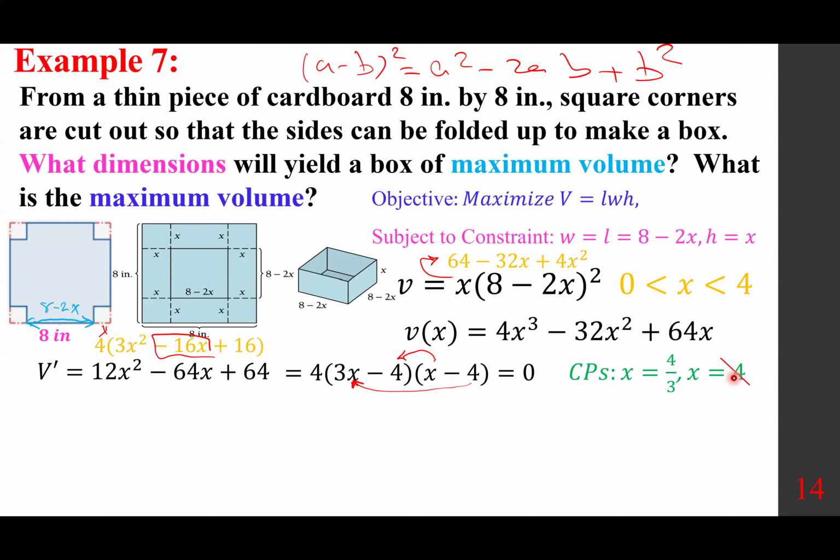We do the first or the second derivative test. Second is easier. Here's V prime. V double prime is 24x minus 64. If we plug in 4/3 and evaluate, it gives us positive or negative, and we'll see what we're dealing with.